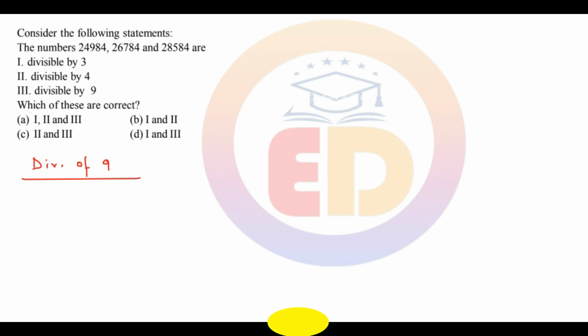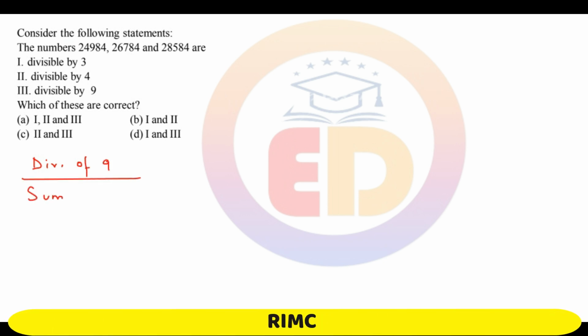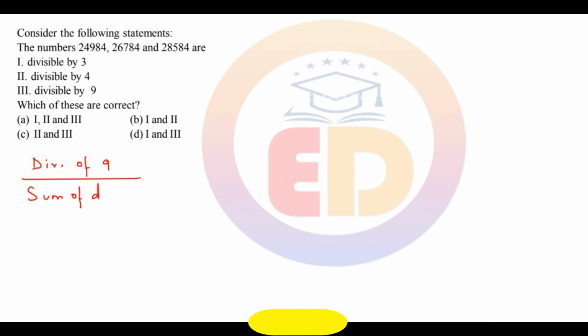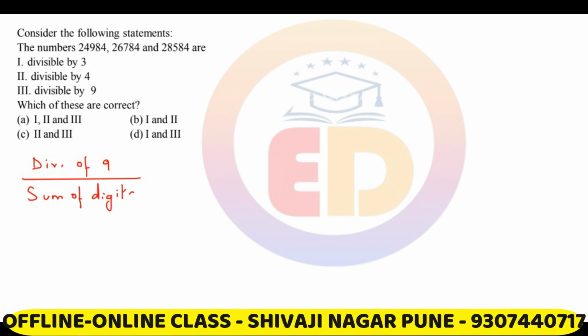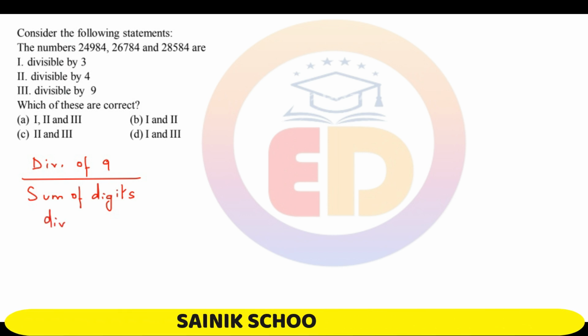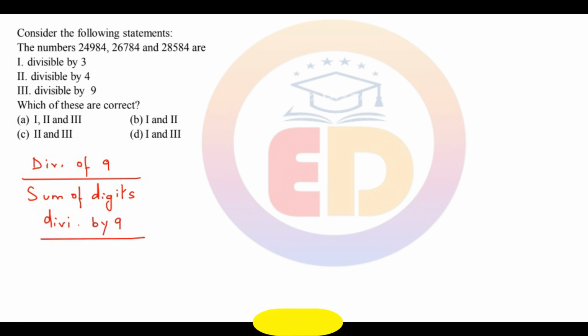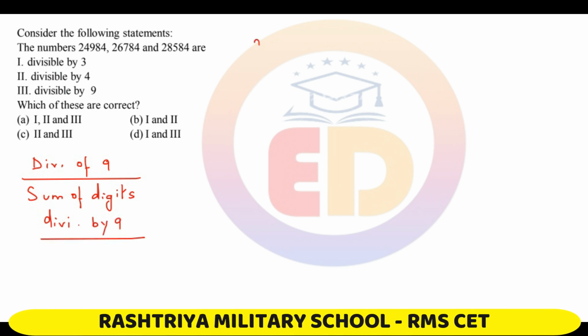Divisibility rule of 9 is sum of the digits should be divisible by 3. Sorry, sum of the digits should be divisible by 9, then the complete number should be divisible by 9.